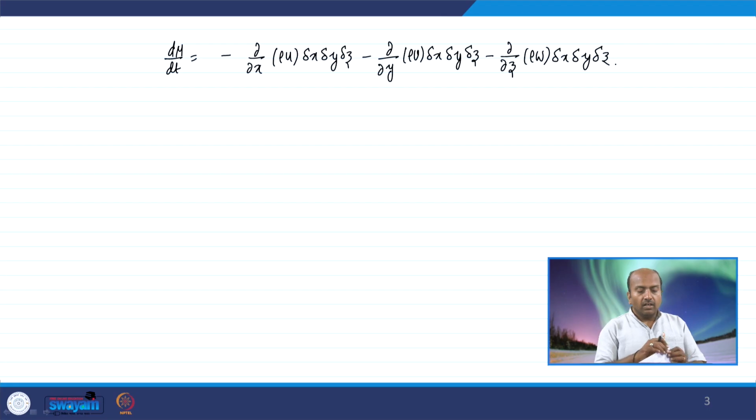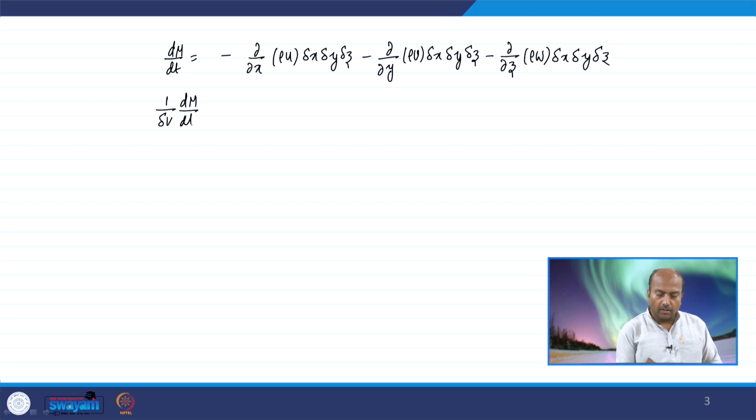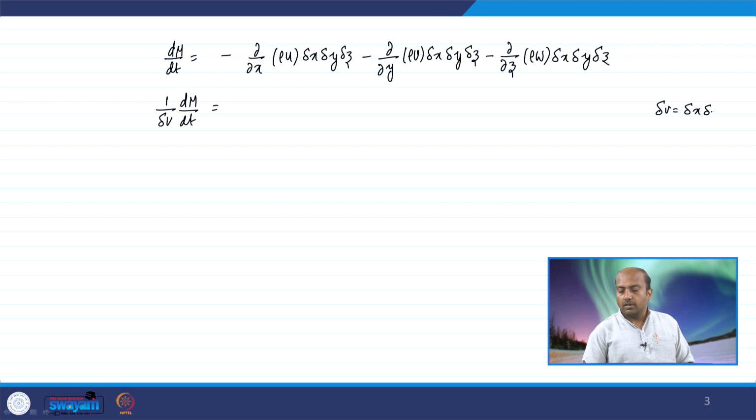So, if we divide this entire expression with unit volume, what we get is 1 by delta v dm by dt. We know delta v is equal to delta x, delta y, delta z, which is simply the incremental volume.